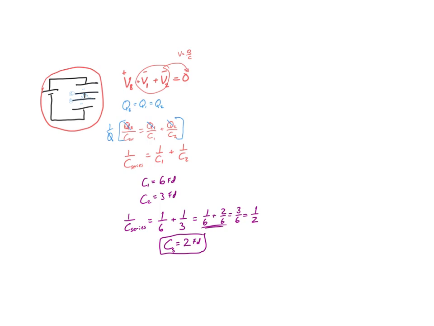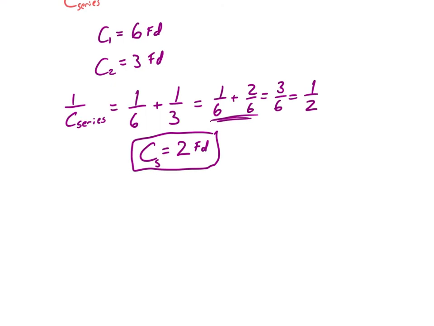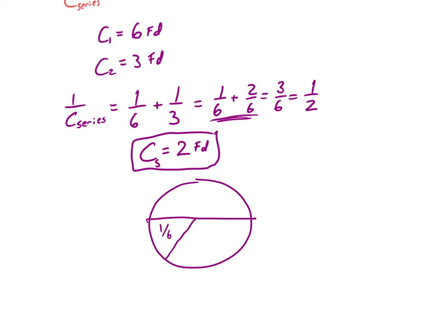Let's do another derivation. Actually, I'm going to show you a really fast way to do the math for 1/6 and a third. This is 1/6 of a circle. This is 1/3 of a circle.